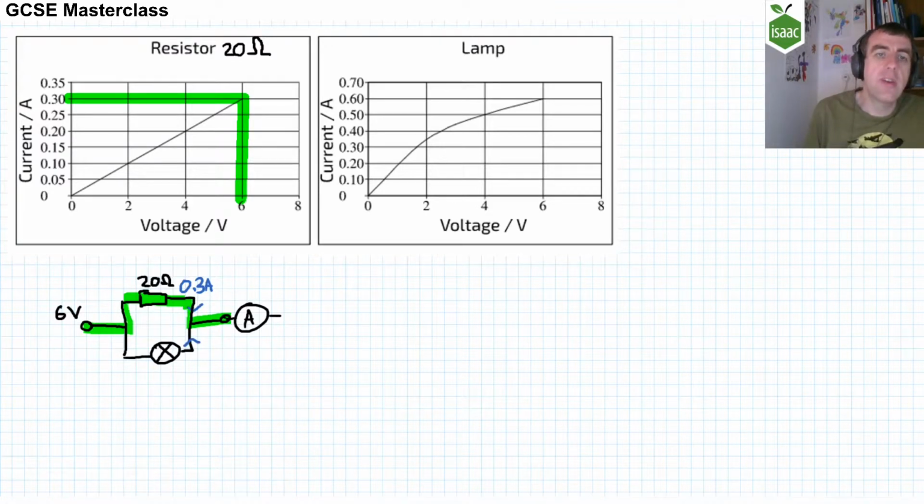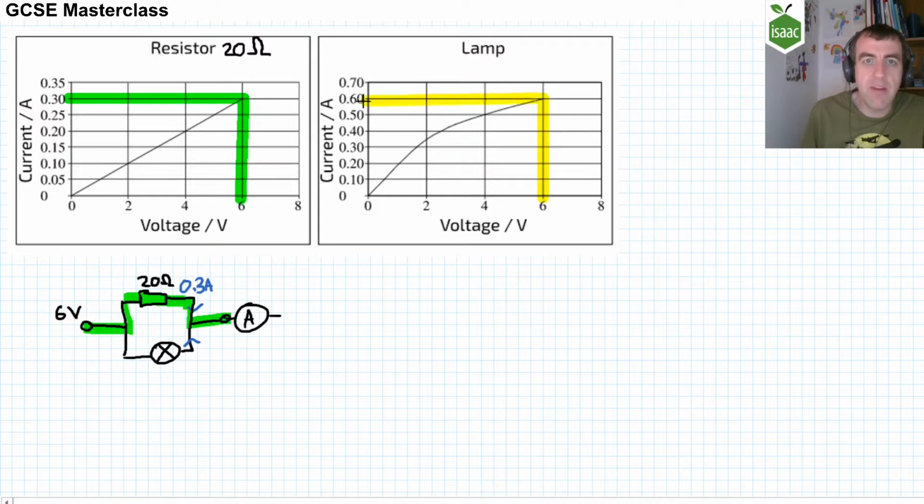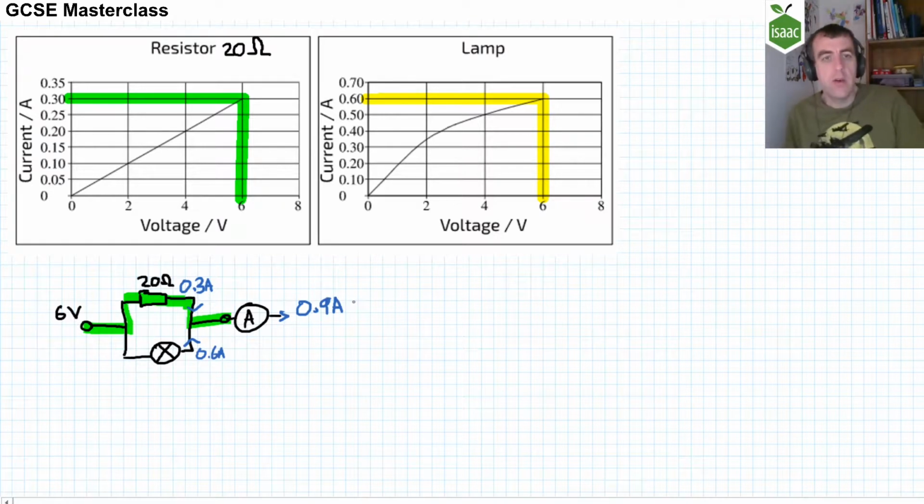Well, the potential difference across the bottom lamp is also 6 volts because they're in parallel. Kirchhoff's second law. So that means I have a current of 0.6 amperes. And so what has to flow through the remainder of the circuit? 0.9 amperes. Or 0.90 amperes.